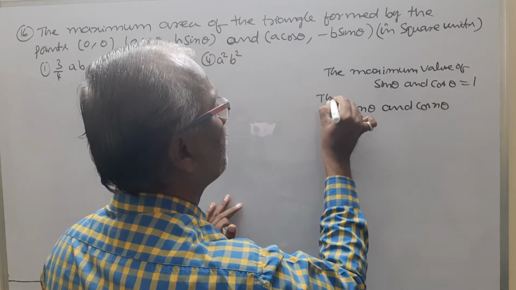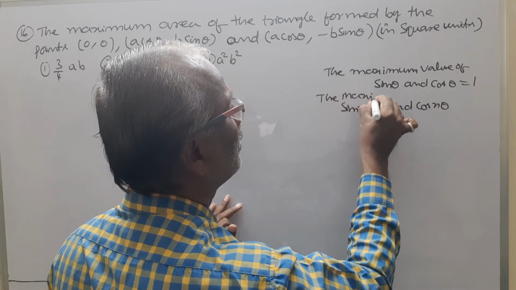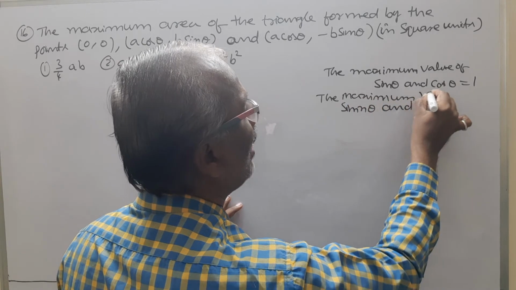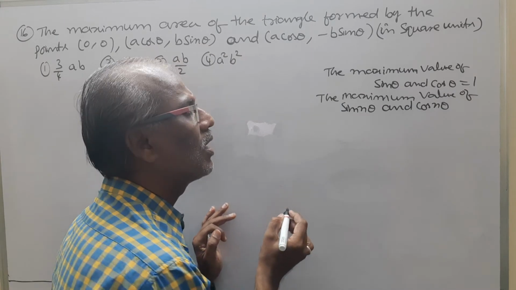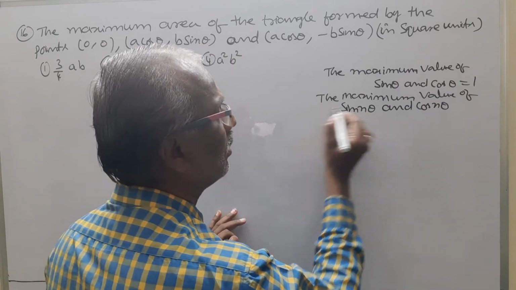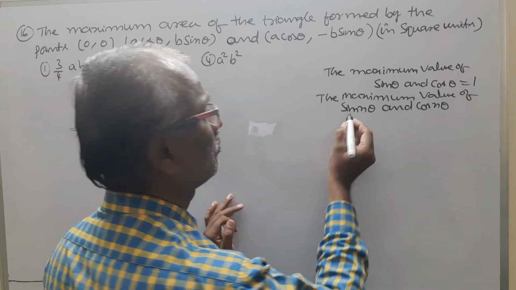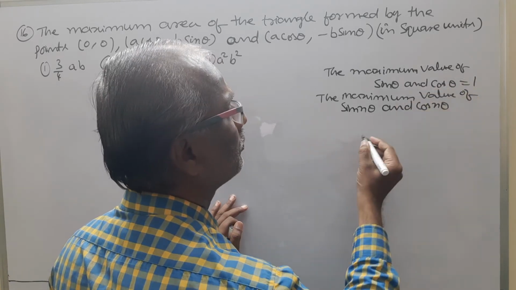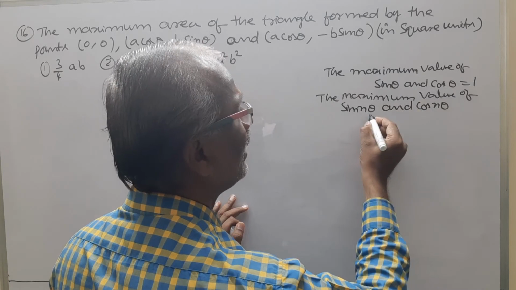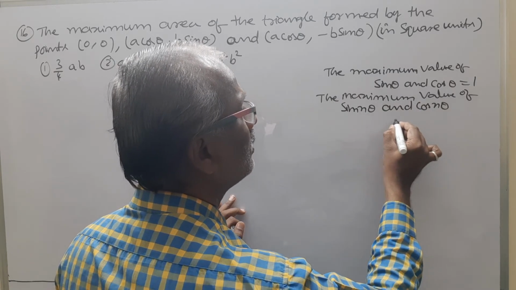Suppose sin n theta and cos n theta, where n is a positive integer, like sin 2 theta, cos 2 theta. The maximum value is 1. The maximum value of sin n theta and cos n theta is also 1.